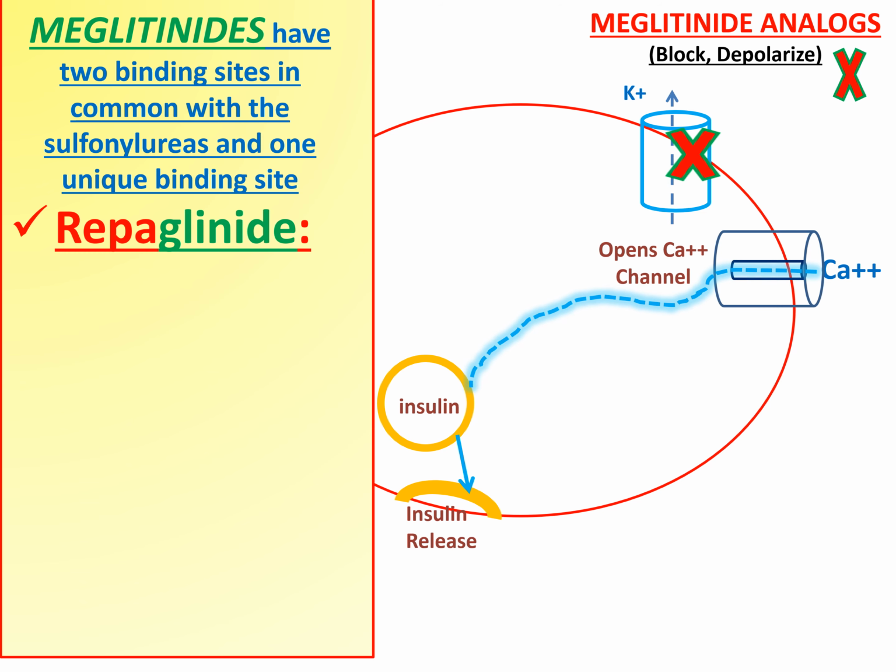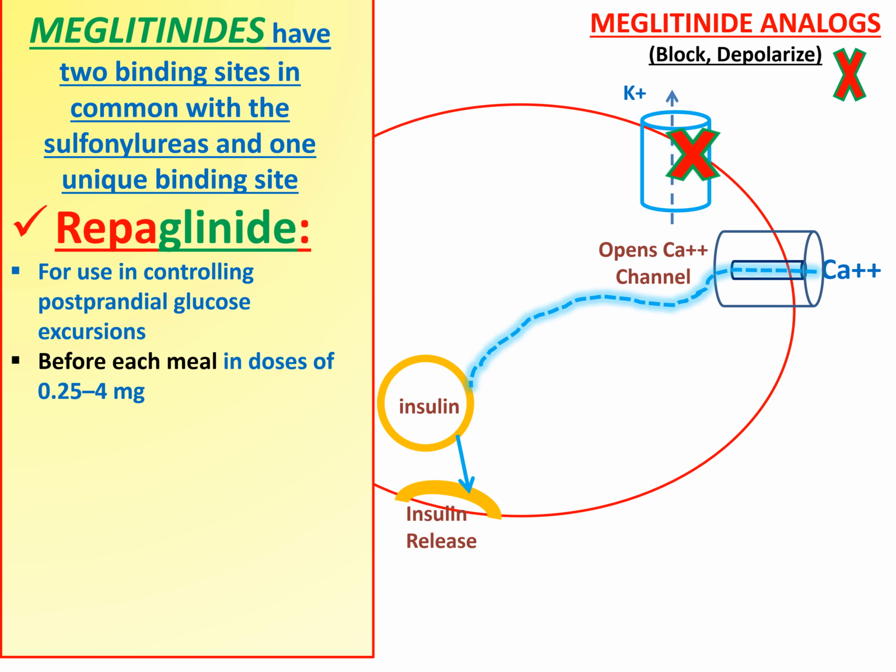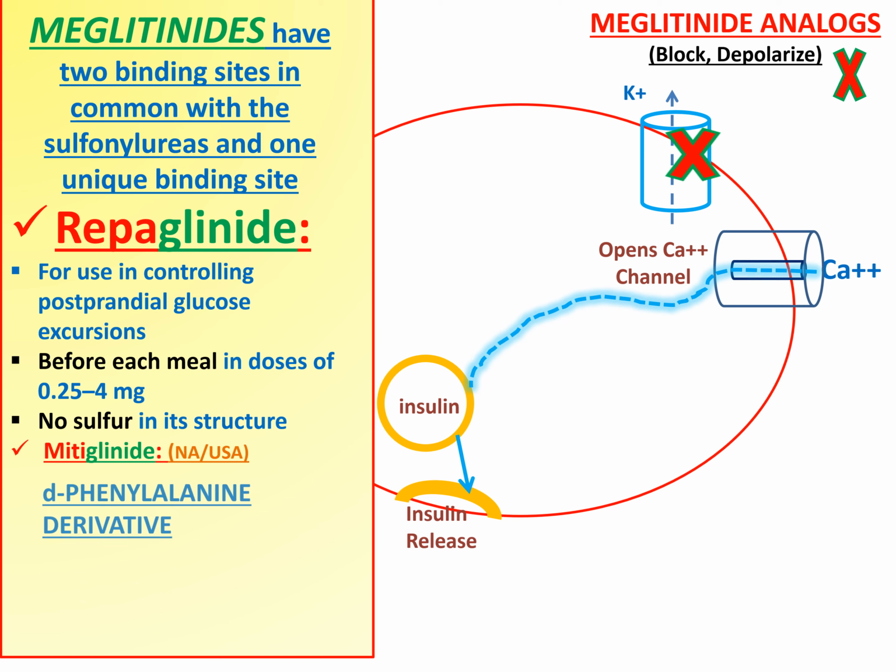Now, I am going to mention two of these medications. Repaglinide, which is supposed to be given before each meal, has no sulfur in its structure, so it will not produce a hypersensitivity or allergic reaction.